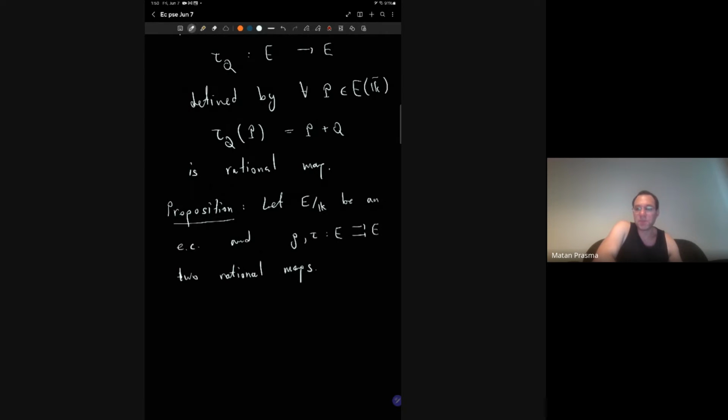Rational maps can be composed, and I claim that tau composed rho from E to E is a rational map.